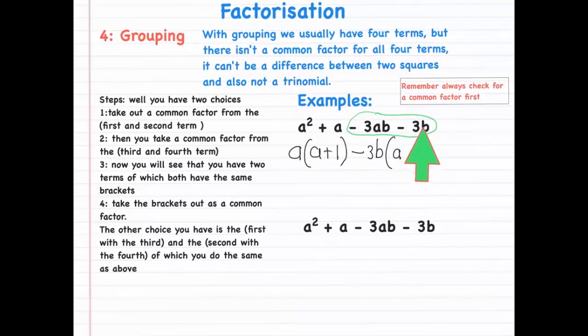So be careful, because it's minus 3b divided by minus 3b, which will be a positive 1, right? Don't forget signs when we divide. Minus and a minus is a plus. 3 and 3 is a 1, and b is also a 1 when we divide. And then 1 times 1 is just a 1, right? Because if we take the same term divided by the same thing, we get a 1, right?